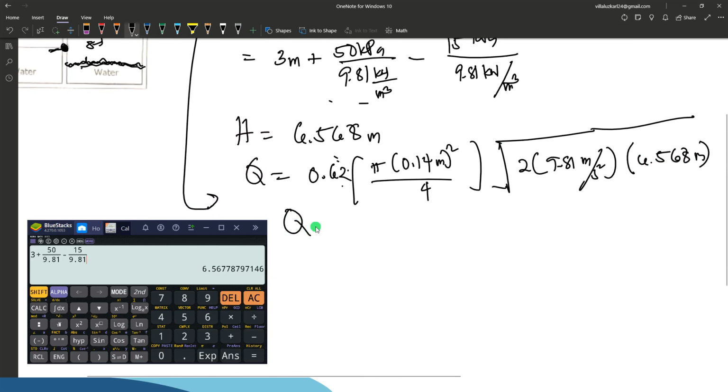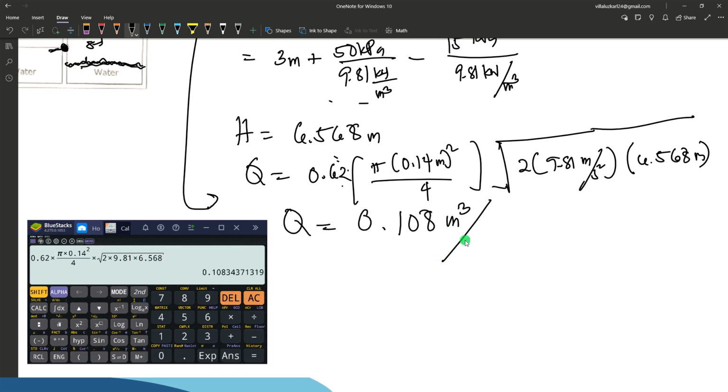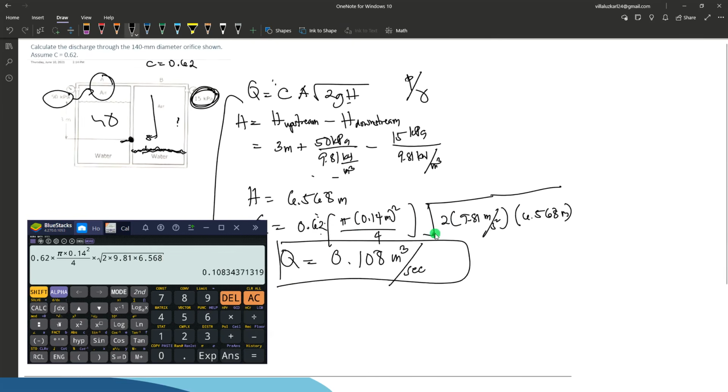So Q is equal to 0.108 cubic meters per second. So that's the discharge on the orifice. That's the actual discharge.